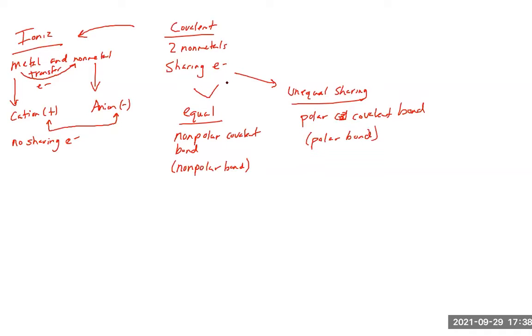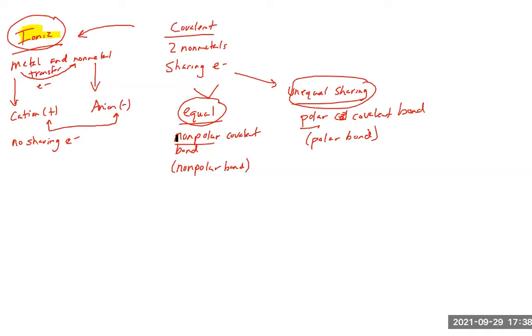Now, these are the three types of bonding that we talked about. As we talked about, there's sort of an extreme. On one end, we have an ionic bond where we have a complete transfer of electrons from one atom to the next.